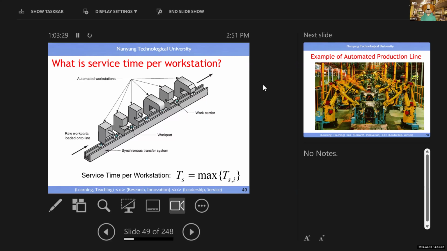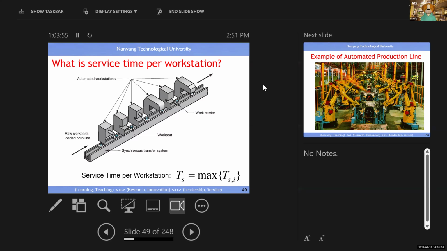Let's say you have machines, and sometimes you may buy machines, these three from company A, this one from company B, this one from company C, this one from company B. So different companies will produce the same machine with different capability, right? Same situation, right? So for service time you always consider the worst case scenario, right?